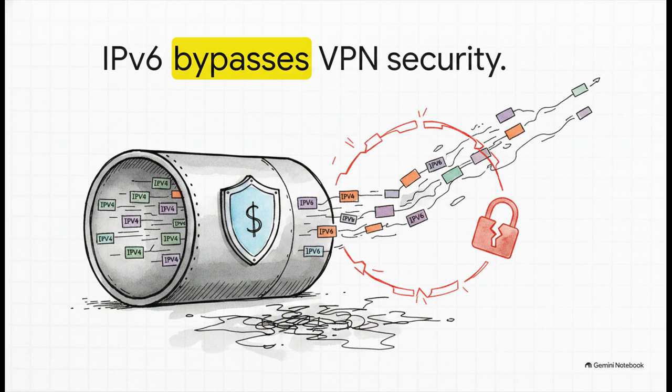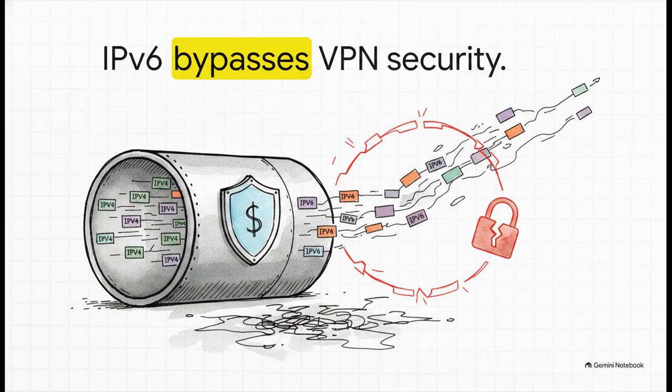The documentation specifically calls out older Cisco AnyConnect versions, a lot of legacy IPsec clients, and OpenVPN configs that lack an explicit tun IPv6 and /0 push route. What happens here is the VPN client successfully tunnels the IPv4 traffic, but it completely ignores the IPv6 traffic.